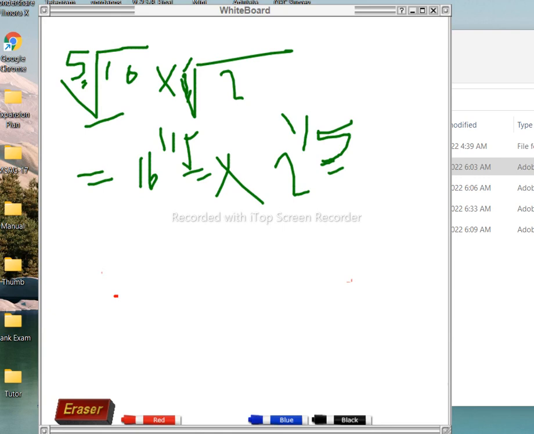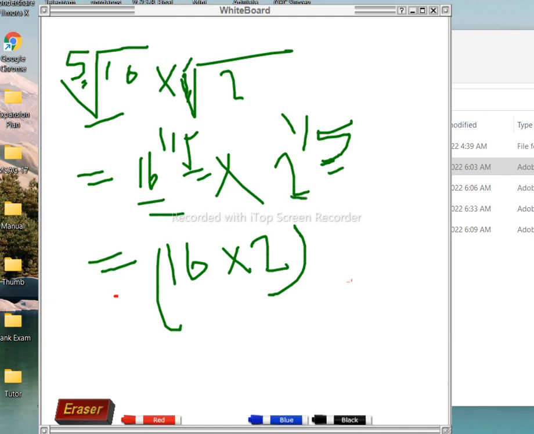We write this in the form of 60 times 2, the whole to the power of 1 over 5, since 1 over 5 is the common power for both. We multiply the numbers and keep the power here.